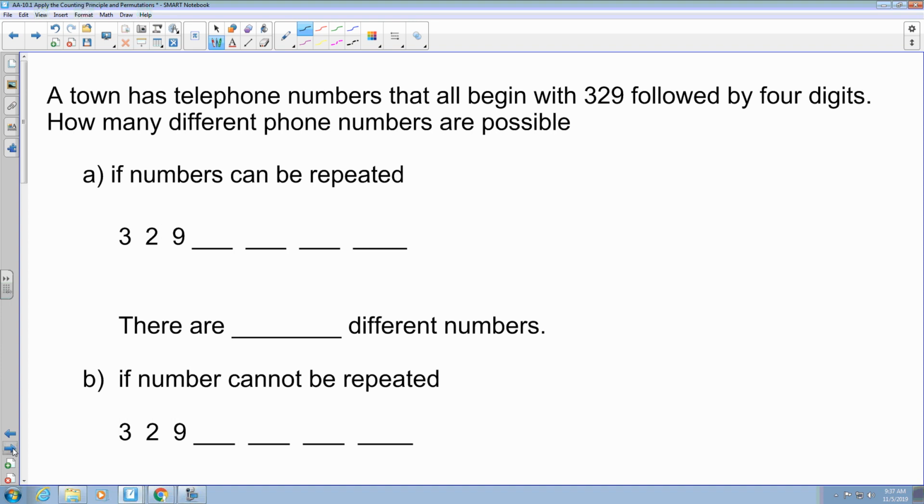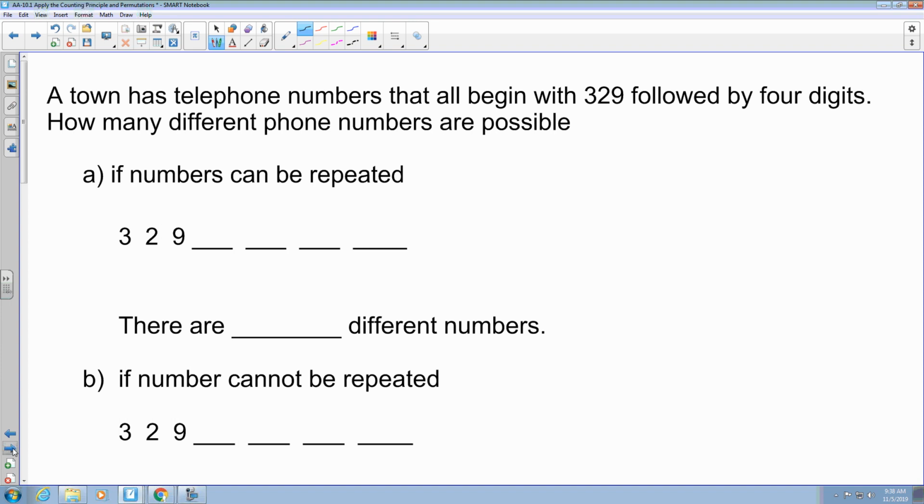Okay, so using the counting principle again, we can figure out some other items. It says in this problem that a town has telephone numbers that begin with 329. They want to know how many 4-digit phone numbers are possible. So we have 329, which are the first 3 numbers in the telephone, and you've got your 4 numbers here. The first opportunity that we get to choose is the 4th digit.